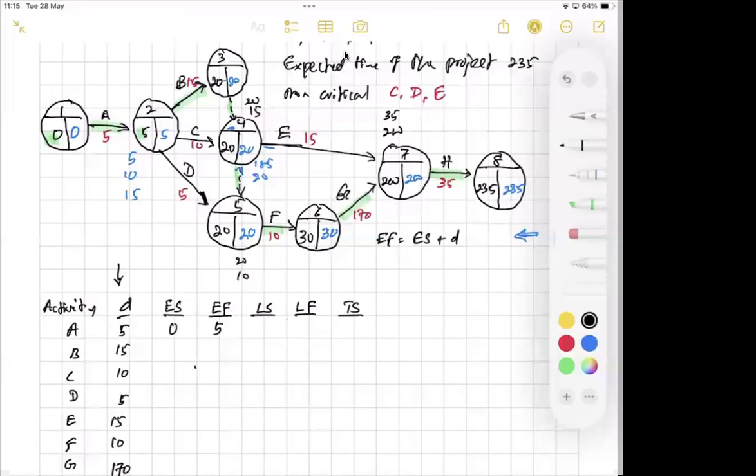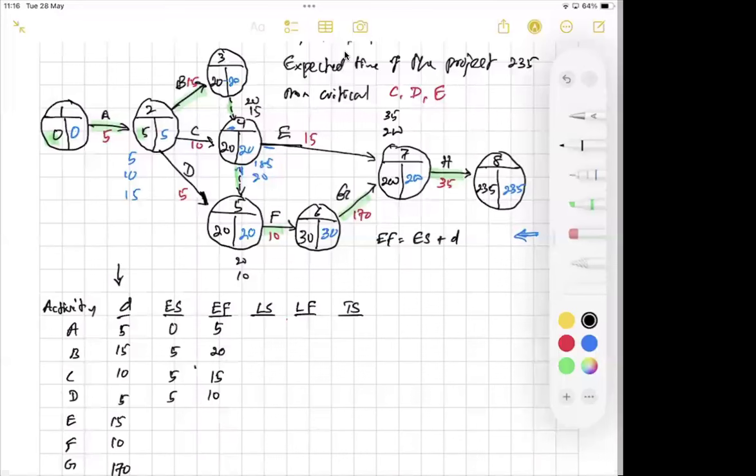Then early start time is 5. 5 plus 15, 20. Activity C, right? The tail event is event number 2. Left hand side value is 5. 10 plus 5, 15. Right? Activity D, tail event is number 2. Left hand side value is 5. 5 plus 5, 10. Right?